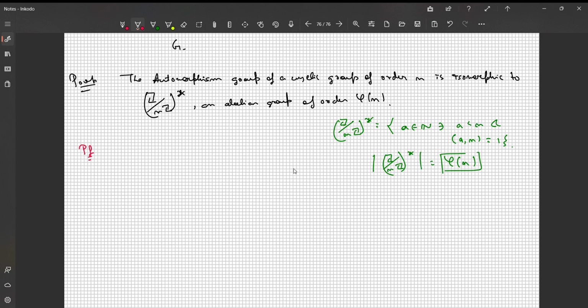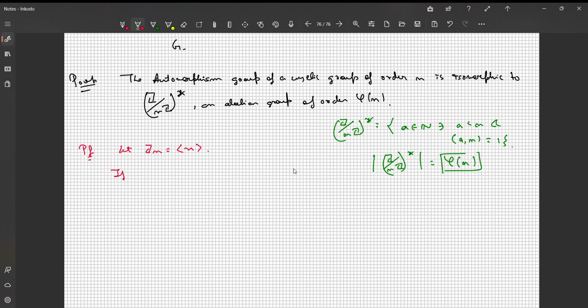Okay. Now, what we do is that we know that if you have a cyclic group of order n, then that is isomorphic to Zn. So we prove this statement for Zn itself. So let Zn be generated by the element x.